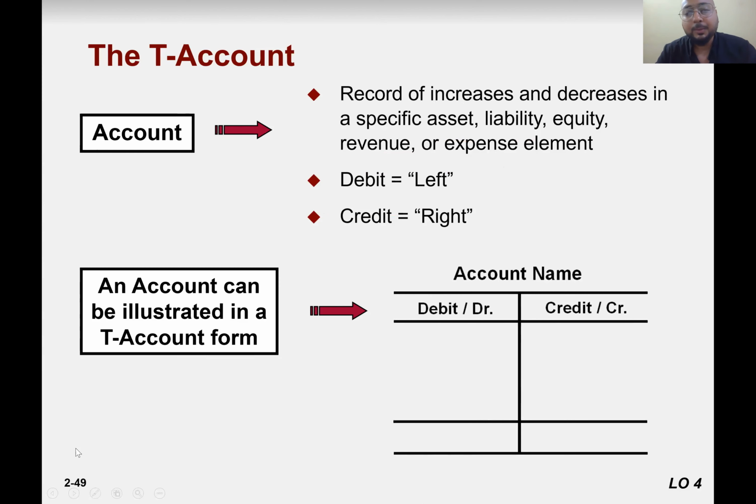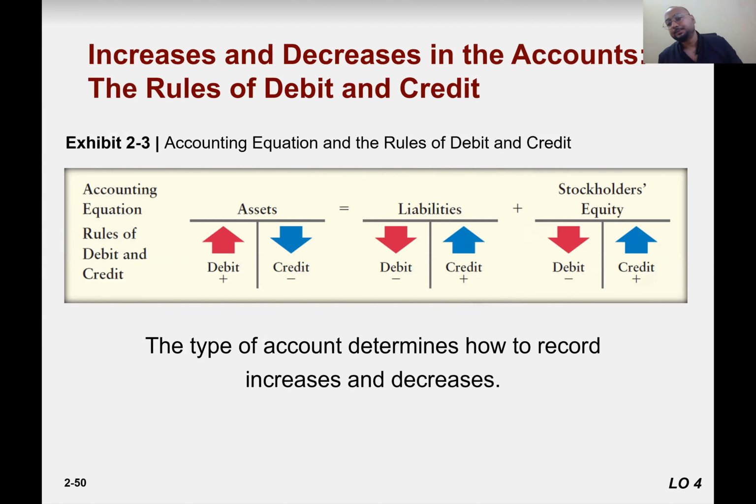An account can be illustrated as follows. This is a T account. This is called the debit side and this is called the credit side, and you can write down the account name here as well. Okay, let's talk about the rules.